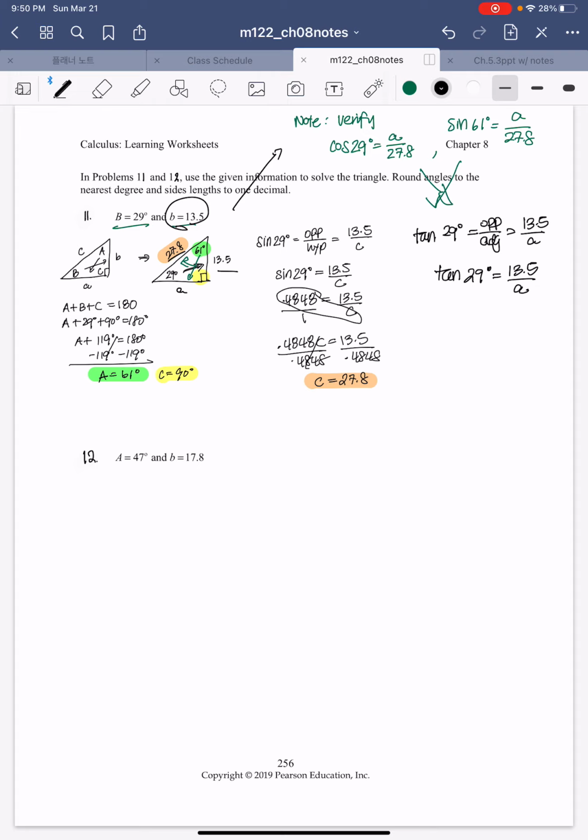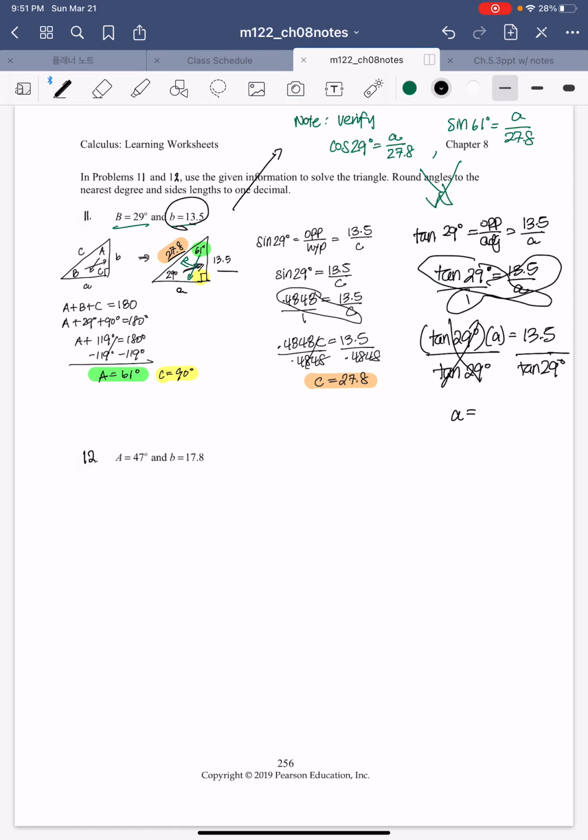So I'm going to cross multiply. So I have tangent of 29 degrees times A, and then we have 13.5. In order to have A by itself, I would divide it by tangent of 29 degrees.